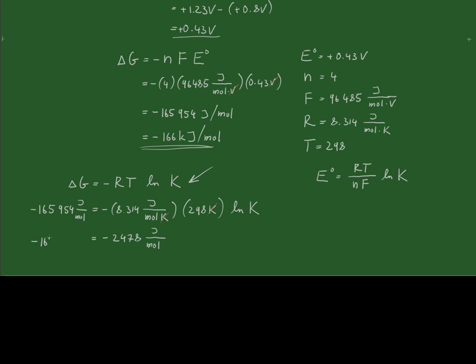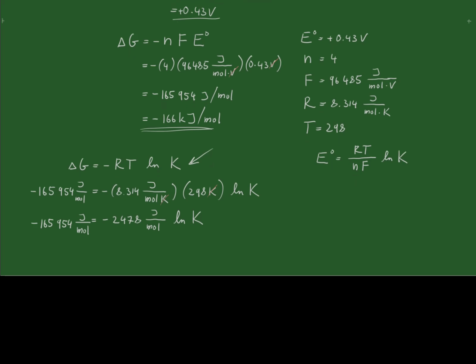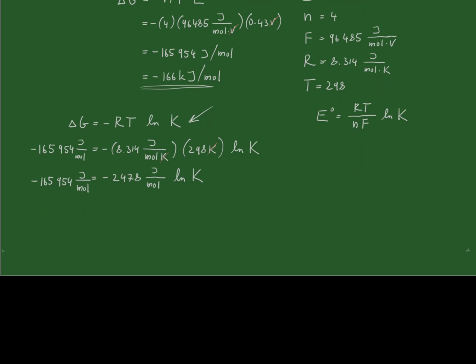Let me rewrite that. I apologize, I was a little bit slack. That looks ugly. Let's fix that. Joules per mole. And this side still needs to be multiplied by ln K. Okay, sorry about that little misstep there.